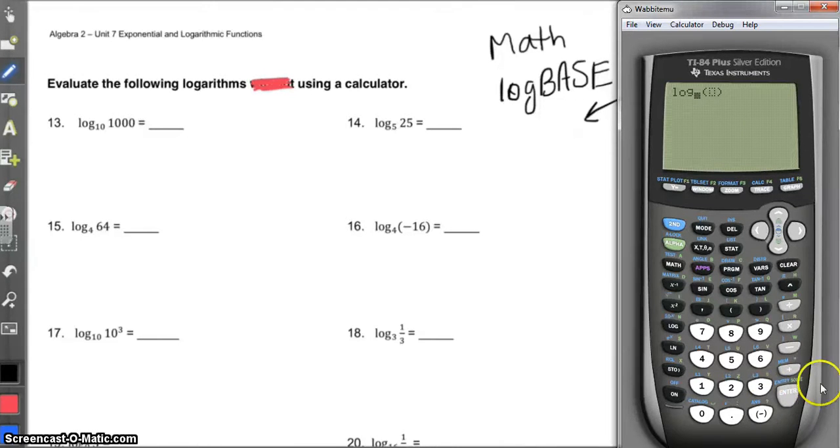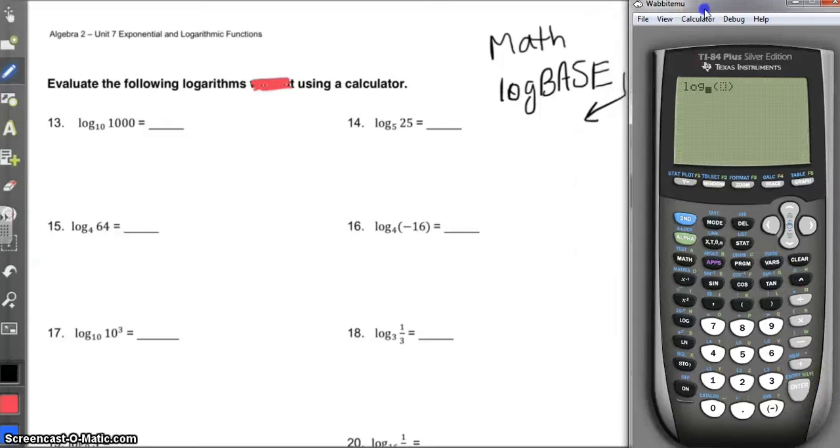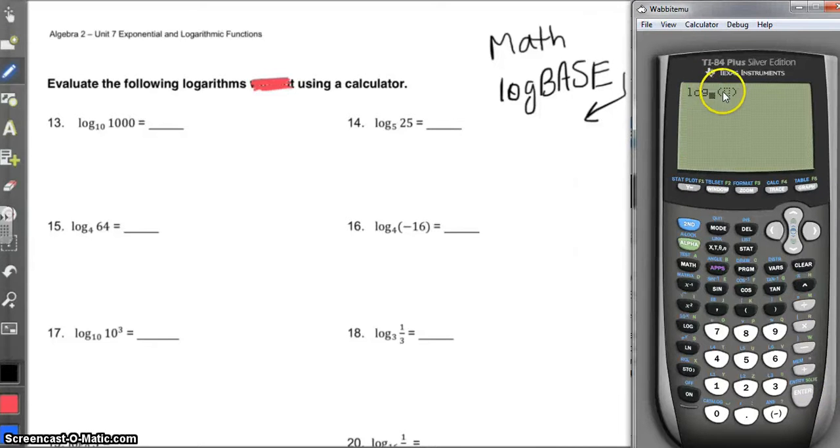As you can see, over here, you are asked to enter the base and the number. Now the base, as you can see, is 10, so you enter 10. And the number inside the parentheses is 1,000. So you enter 1,000. Then you press enter, and that would be your answer, 3.